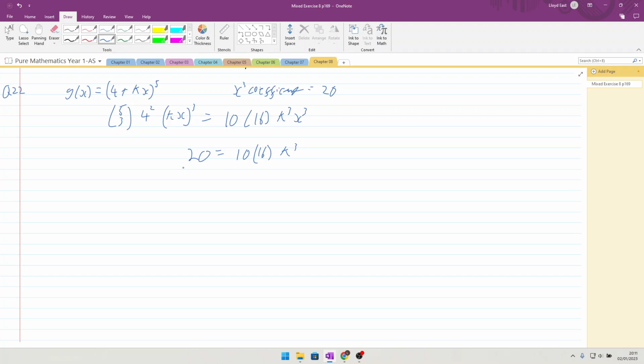So the 10 and the 20 will cancel, giving me 2. So I end up with 2 divided by 16, which gives me k cubed. 2 divided by 16 is 1/8, and the cube root of 1/8 is 1/2. So k is equal to 1/2.